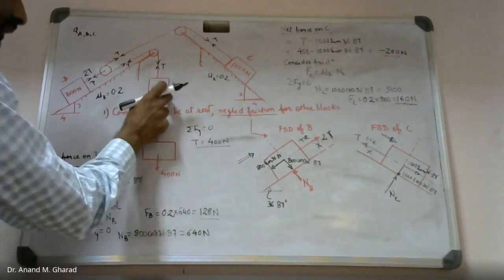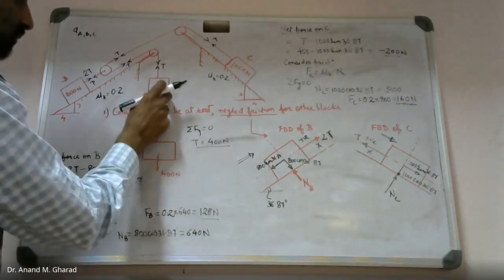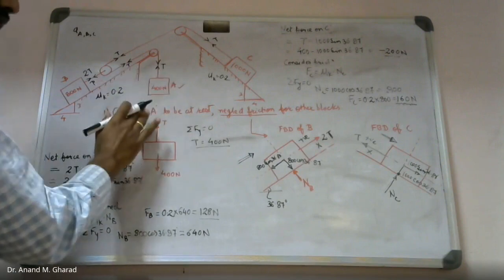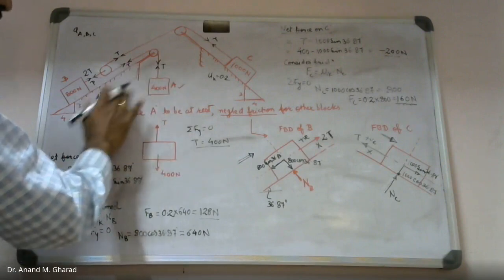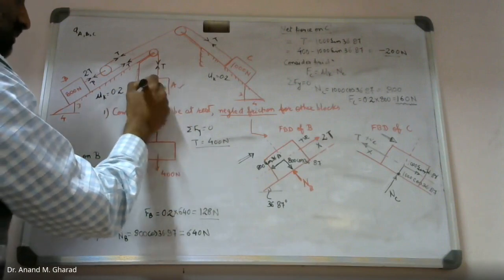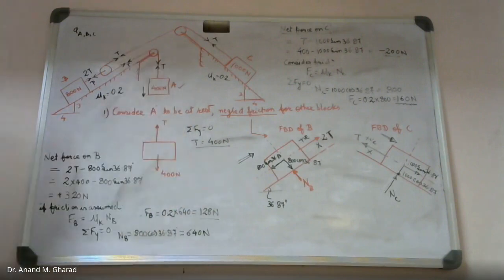We can assume the direction of motion of this block because you can see it is not connected to any of the parts of the rigid body. So we can assume that this is moving in the downward direction. Let's assume that, right? So fine.